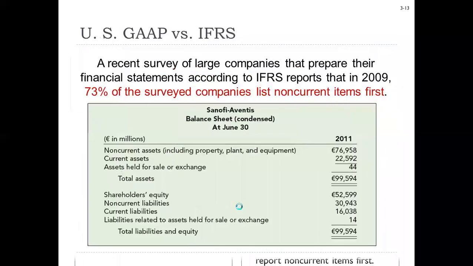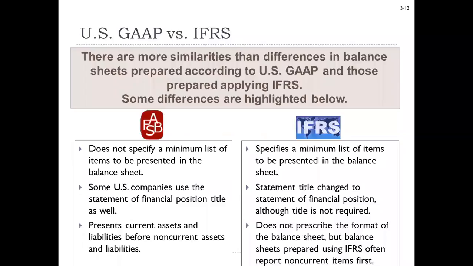There are certain differences between the US GAAP, as created by FASB, and IFRS, International Financial Reporting Standards. Some of the differences, as you can see, are the US GAAP doesn't really specify exactly what needs to be presented in the balance sheet.